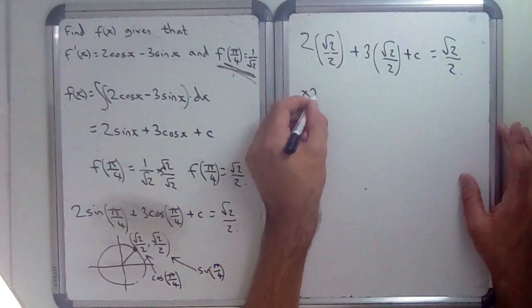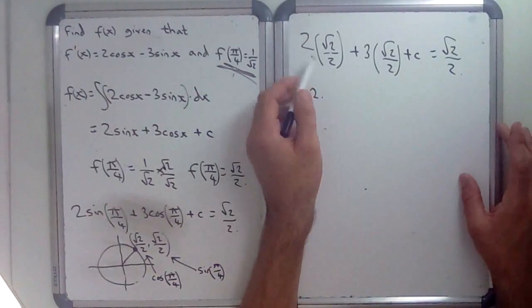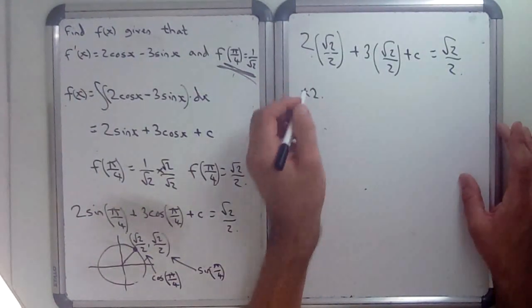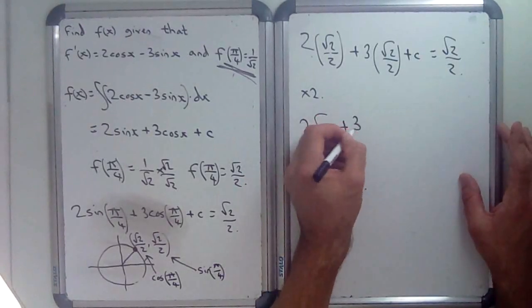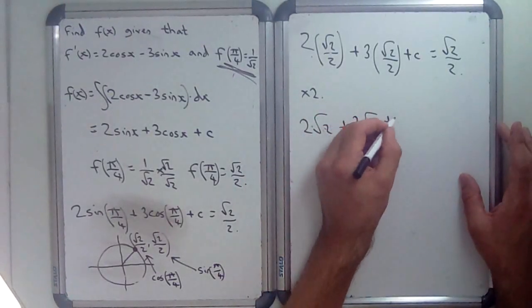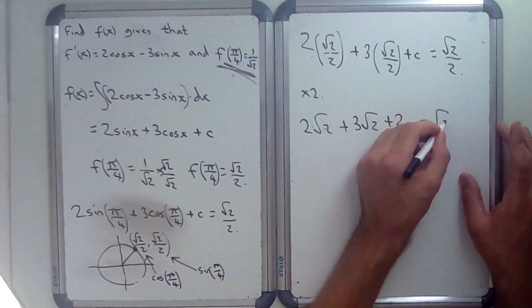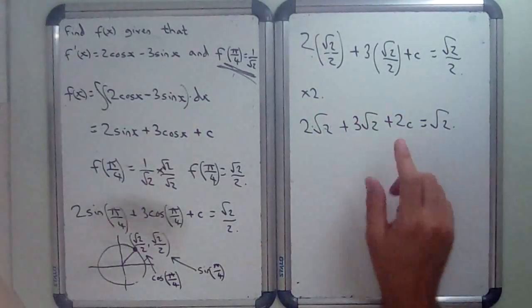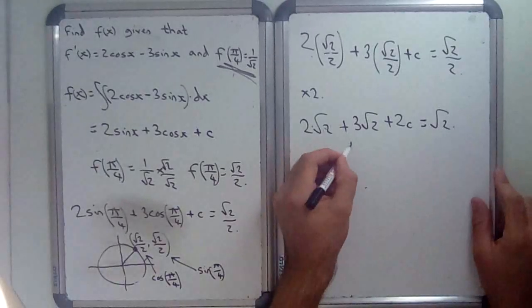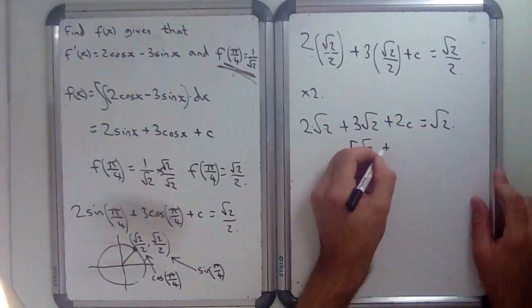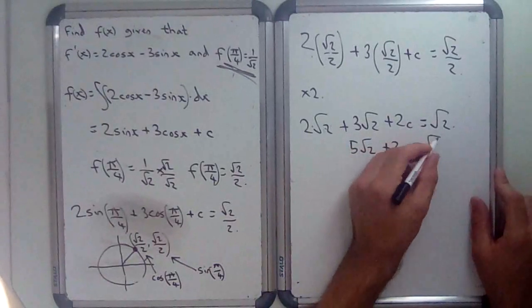If I do that, this is just going to be 2 root 2 plus 3 root 2 plus 2c equals root 2. So 2 root 2 plus 3 root 2 is 5 root 2, plus 2c equals root 2.